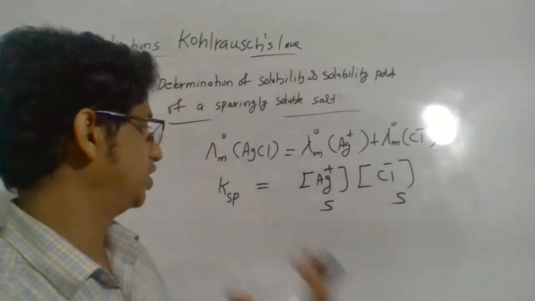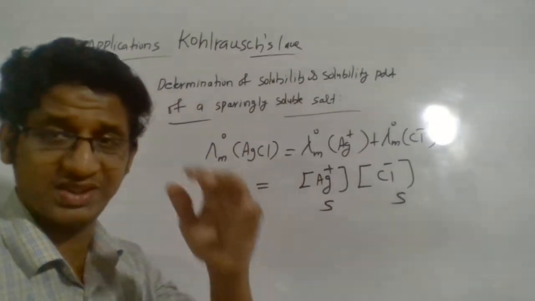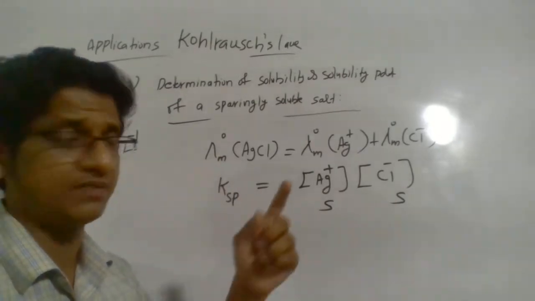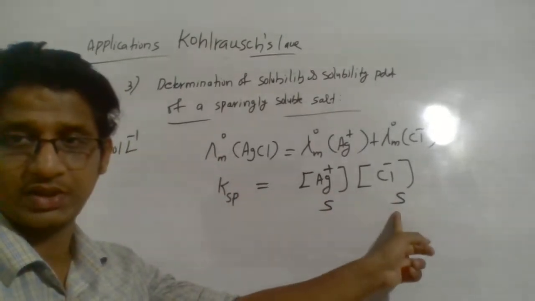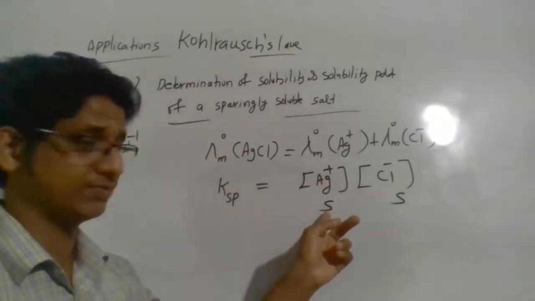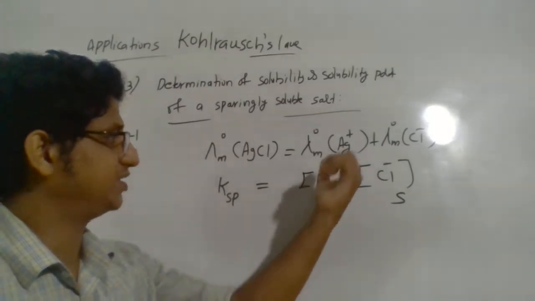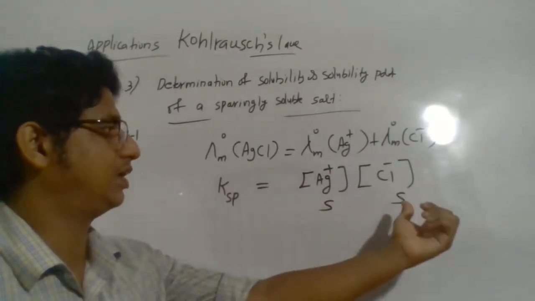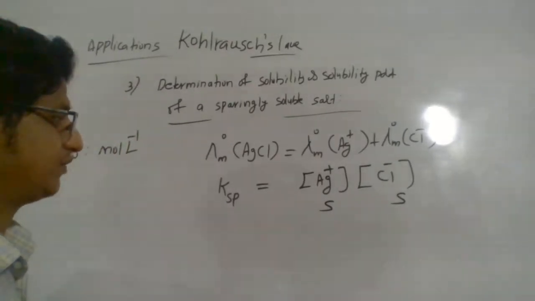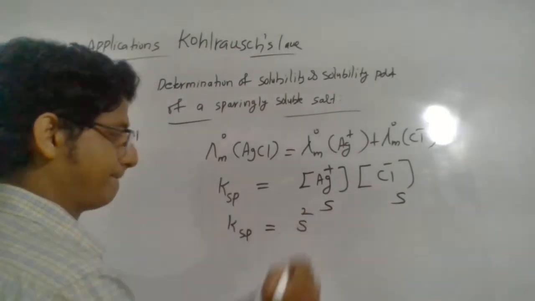When you're talking about solubility product, you have to think about saturated solution, so the maximum amount of solute is dissolved. Solubility product is the product of concentration of ions at saturated solution. So we express Ag plus in terms of solubility. S is the concentration of Ag plus in mole per liter and the concentration of Cl minus in mole per liter. So the value of Ksp, that is solubility product, is equal to S square.